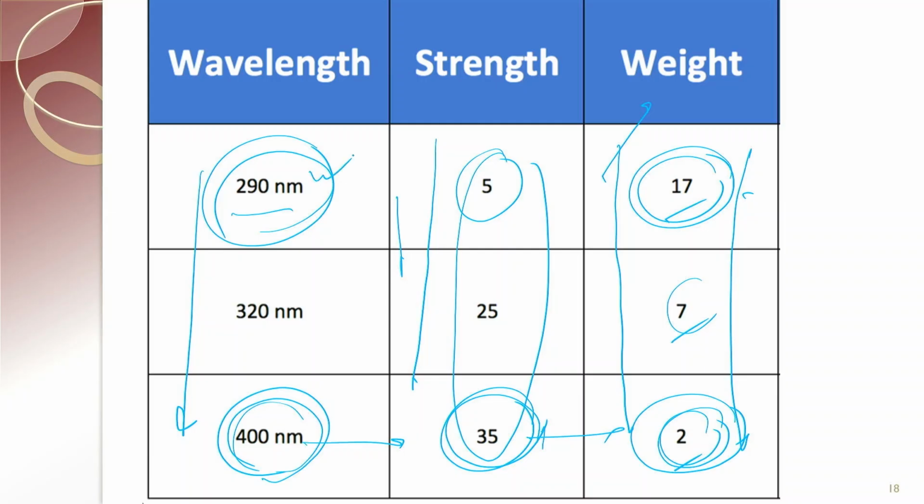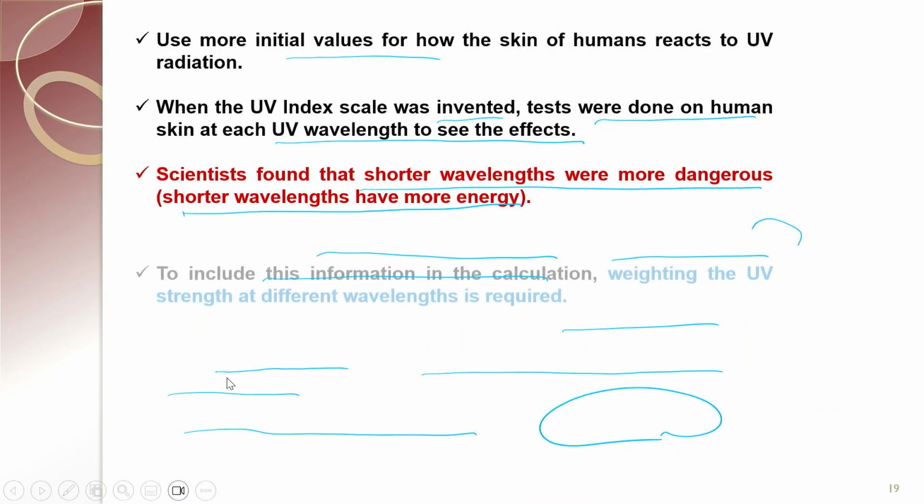At 290 nanometer the quantity reaching is less, but it is dangerous, 17. If you multiply, the total effect on the human body will be higher than at 400 nanometer, although it is reaching in less quantity.